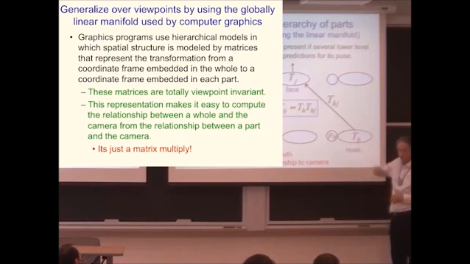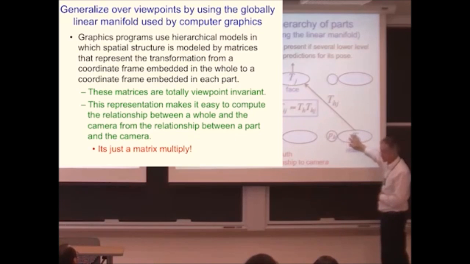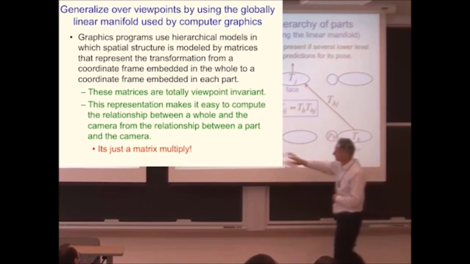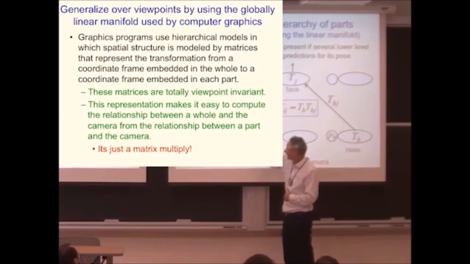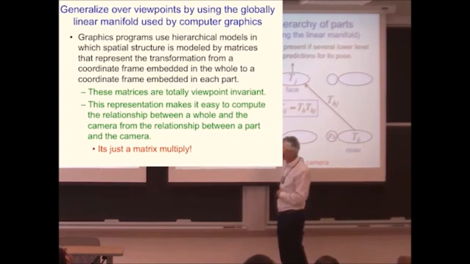And the thing to notice about this is that if I now change viewpoint, suppose I've learned this. Suppose I now take a radically new viewpoint, which by sheer good luck still left the same pieces visible. So we're not dealing with occlusion yet. I get a very different pose for the nose. I get a very different pose for the mouth.